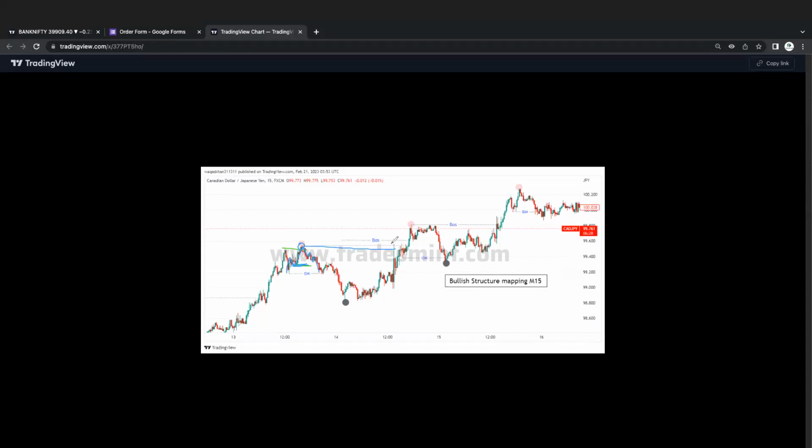Taken, okay. Sweep, and yes, this point, because this is a pullback here, right? To confirm any higher high and lower low, I mean structure mapping, you can take a minor inducement also, I think.